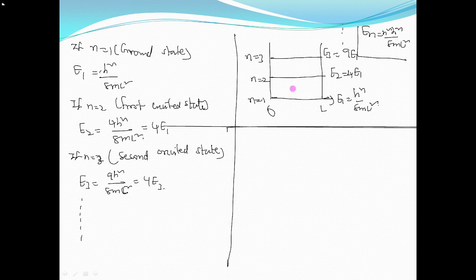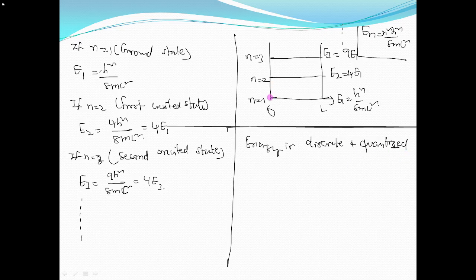So you got a single expression for energy, but different energies for different states. This says that energy is discrete and quantized.